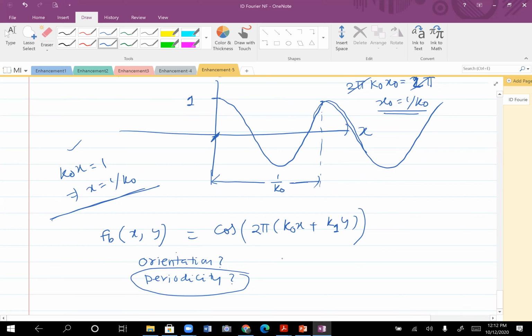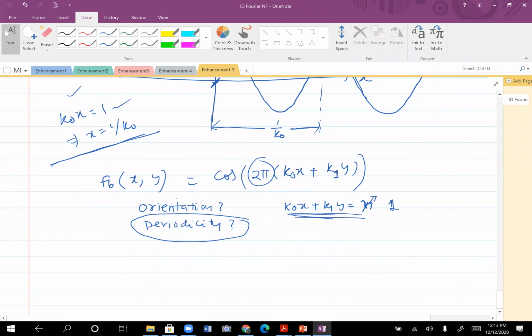Sir, can we take one variable, k naught x plus k1 y, as r, and then this whole thing repeats when it becomes n, because this is anyway 2 pi? Correct. Just the way we did in 1D, you take k naught x plus k1 y equal to 1, and that should give you the periodicity.